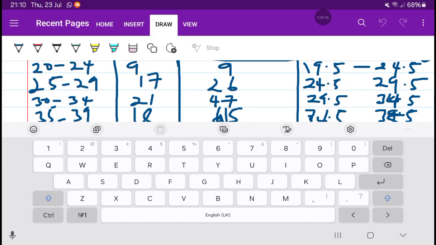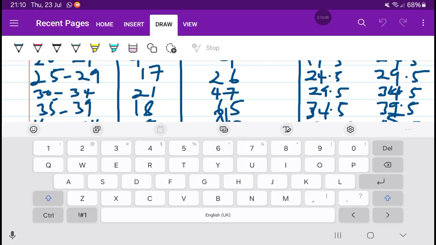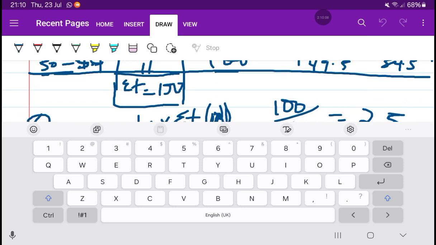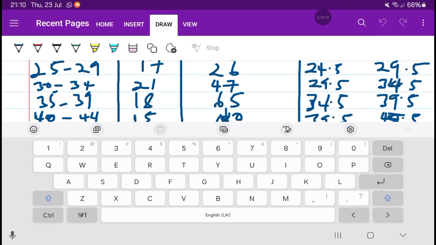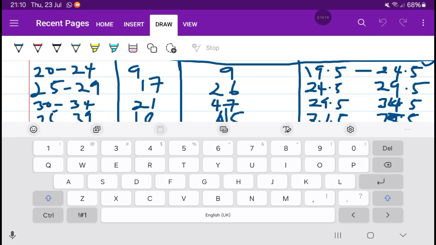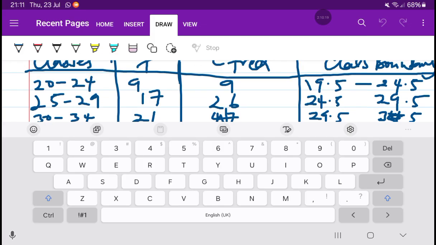This one, you check from the cumulative frequency column. So we pick now the lower class boundary for that class, which is 24.5.